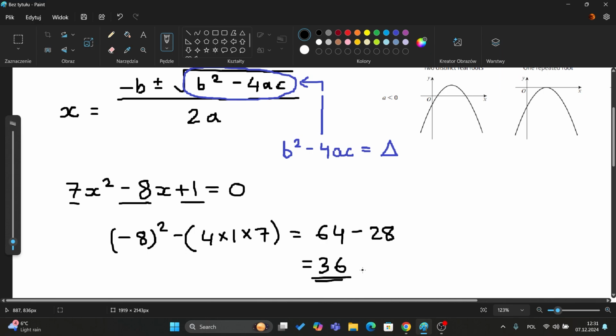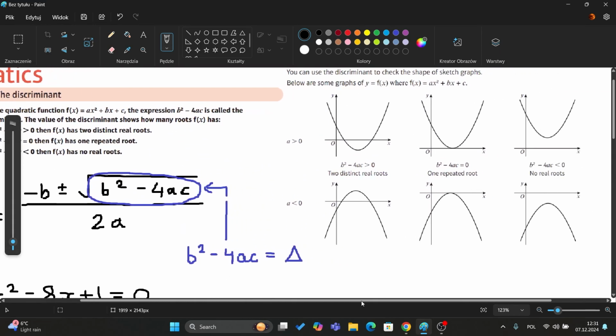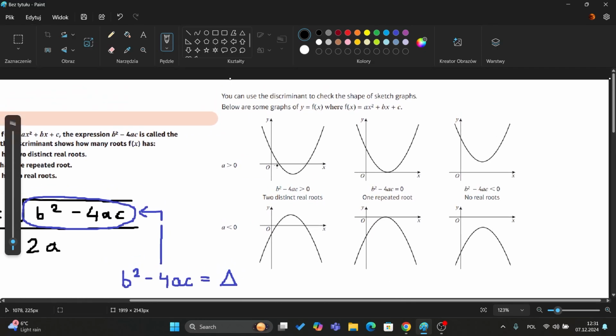Now, by working out this number, we can determine whether the graph has two roots, one equal root, or no real roots. Now, what does that mean? In here, there are graphs represented on the x-axis and y-axis, and we can see that if b squared minus 4ac is greater than 0, then we have two roots, and so for the negative graph as well.